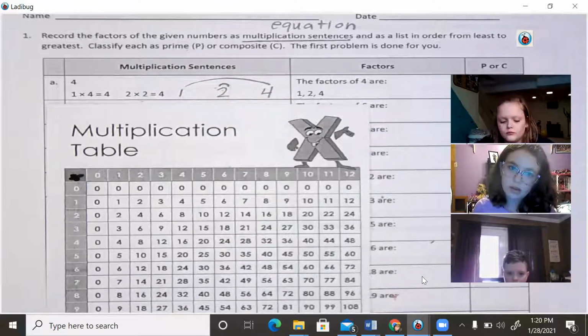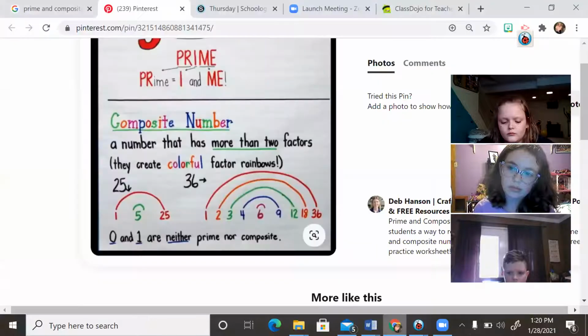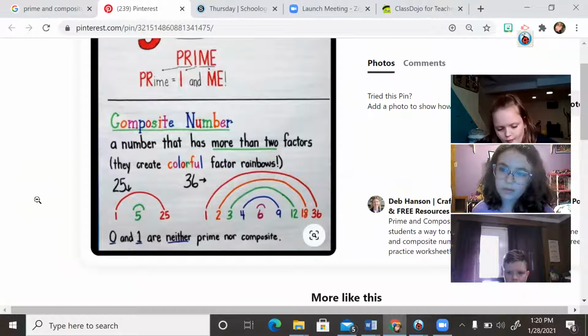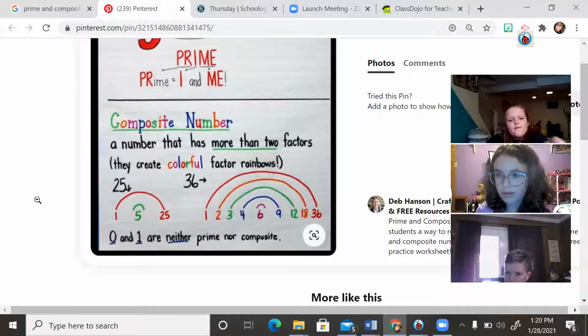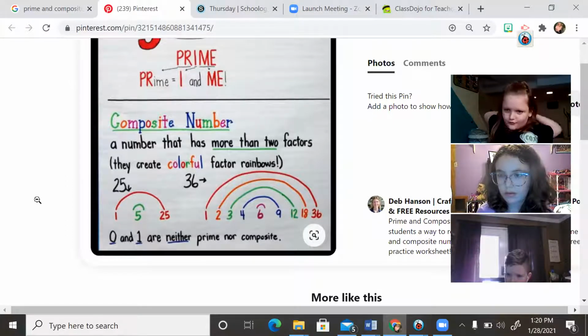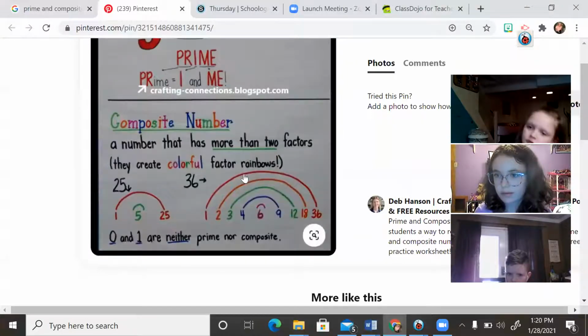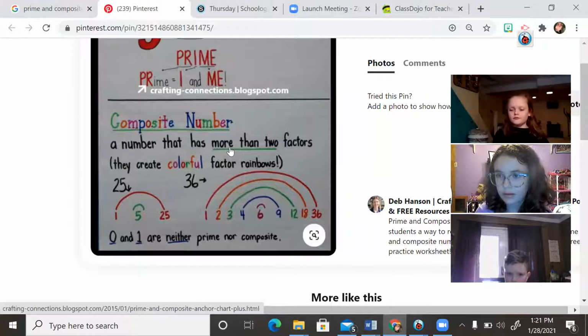Because it has more... the 2 times 2 makes it composite because 1 times 4 would make it prime. Okay, and to be a composite number, you have to have more than what? More than 2 factors. So you need more than 2 factors.